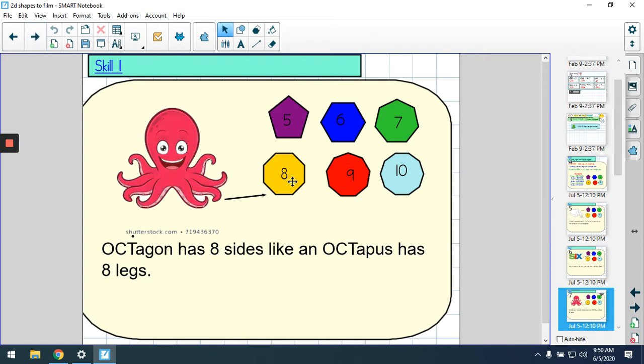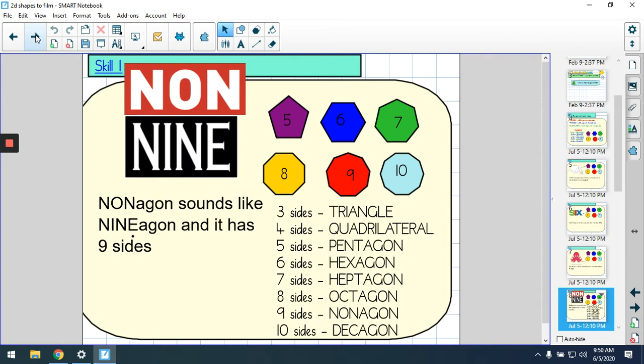8, oct, like an octopus. So an octopus has 8 legs and an octagon has 8 sides. So we have pentagon, hexagon, heptagon, octagon. And 9 sides, nonagon.